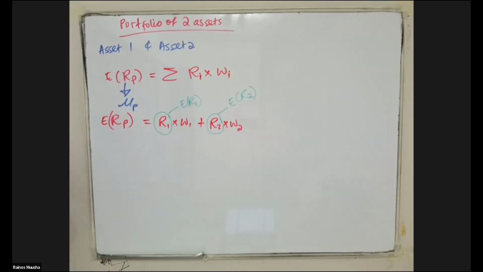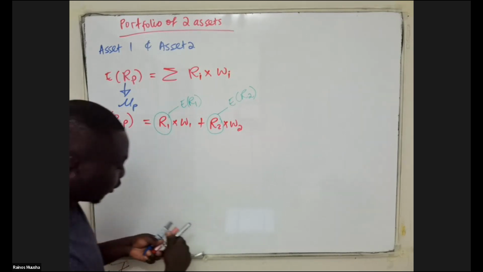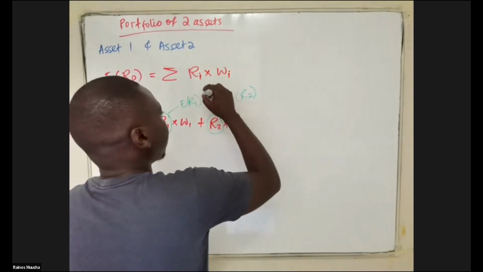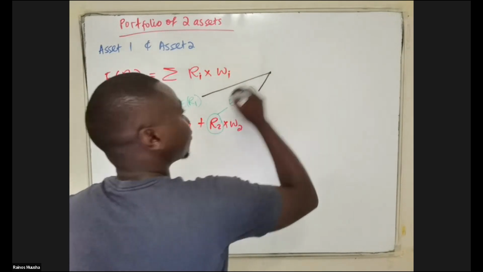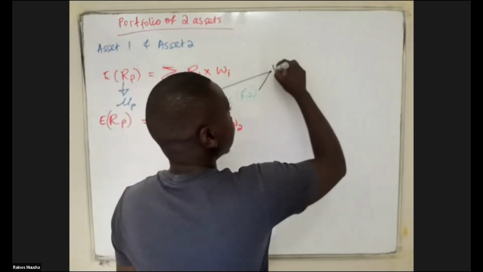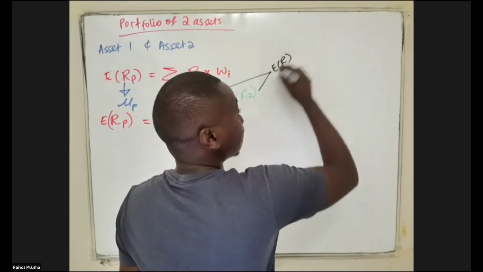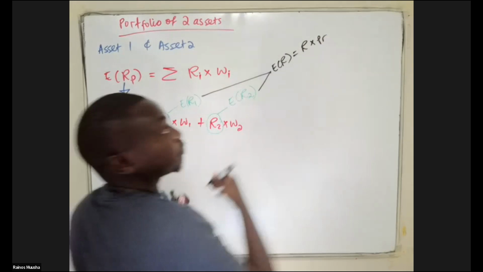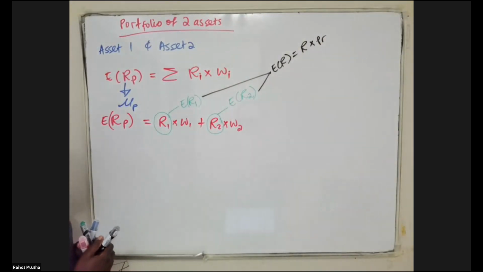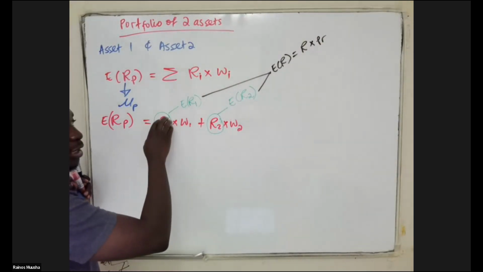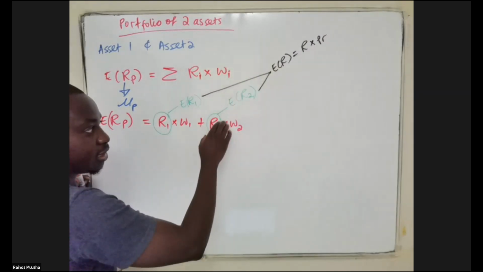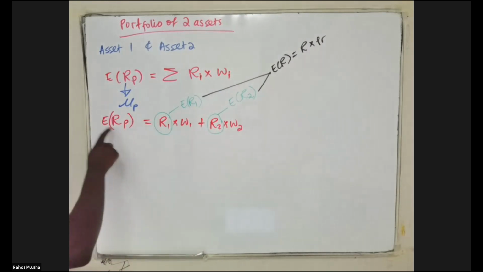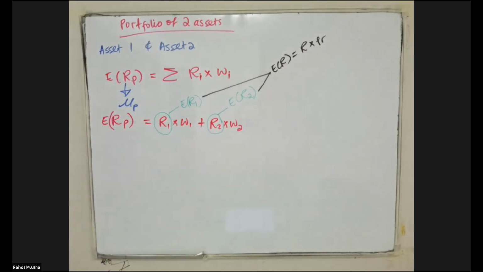And remember, when you're calculating these expected returns of asset 1 and 2, the expected return of your single asset is given as the return multiplied by the probability of that return. So if you calculate the expected return of asset 1 and of asset 2, and you determine the weights of asset 1 and 2, you should be able to calculate the expected return of the portfolio.